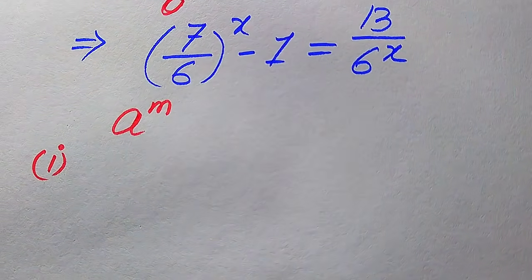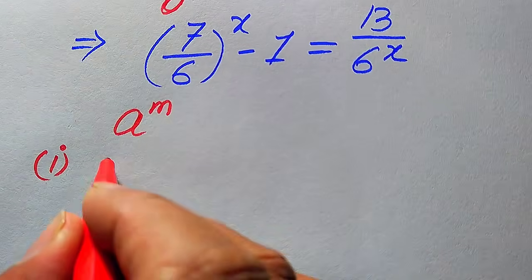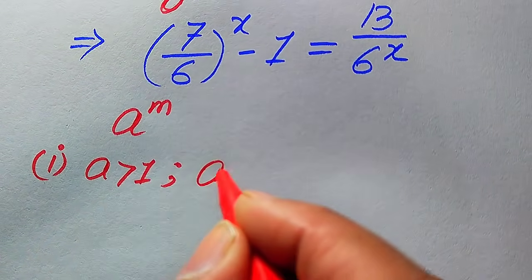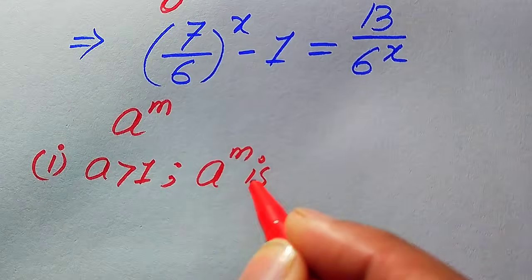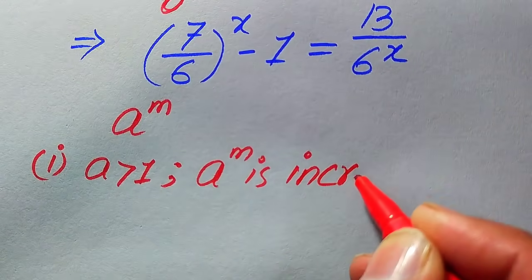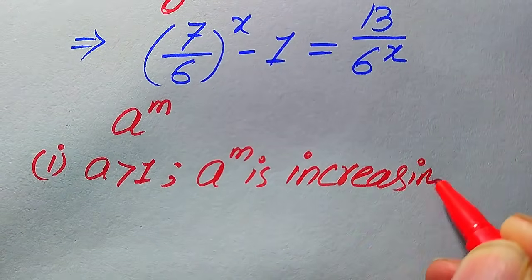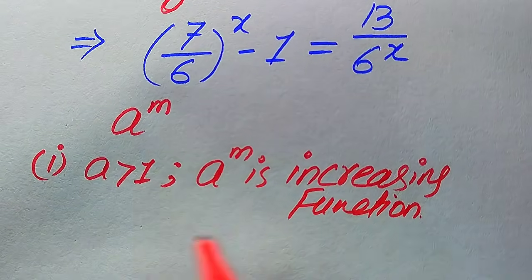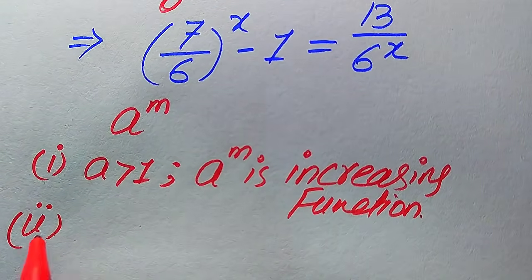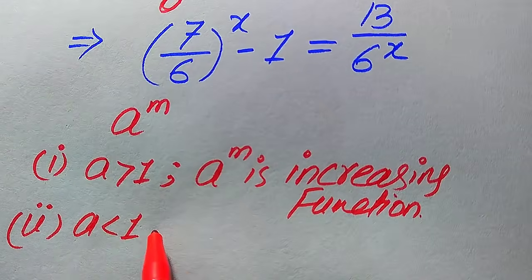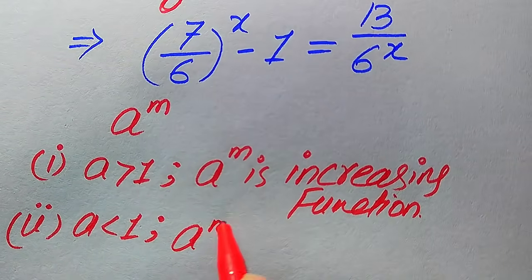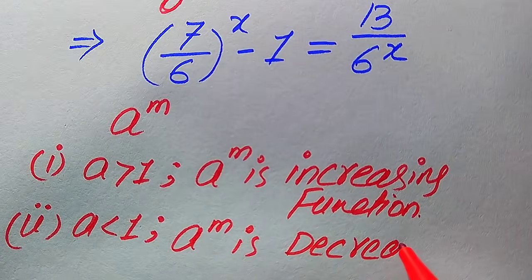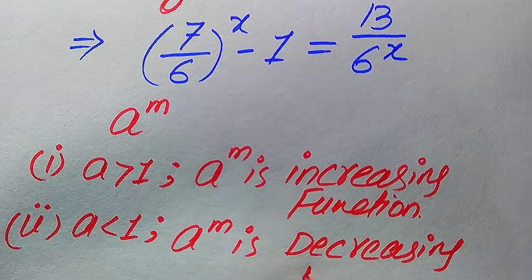The first possibility is that if a is greater than 1, then we say that the whole function a to the power of m is an increasing function. The second possibility is that if a is less than 1, then a to the power of m is a decreasing function.